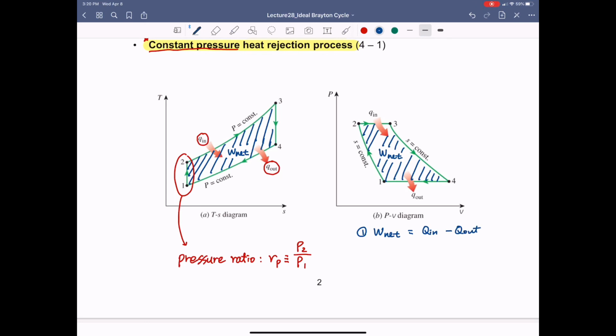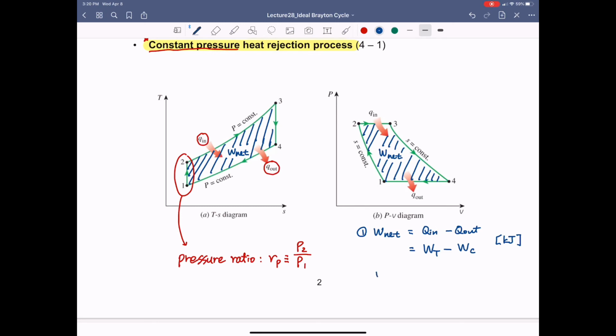Or we can calculate the same thing from the expansion work or turbine work that is occurring at the turbine minus the compression work that happens in the compressor. So whichever equation is used, it doesn't really matter because we should get the same value.